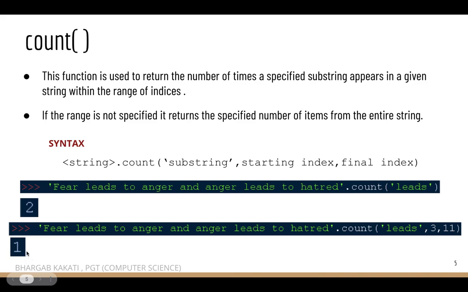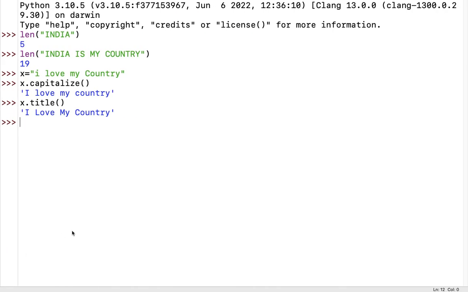Alright, so I can show it to you with the help of an example. I can write something like: my favorite subject is computer and I enjoy studying computer a lot.